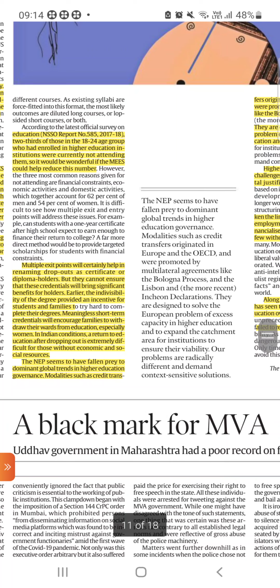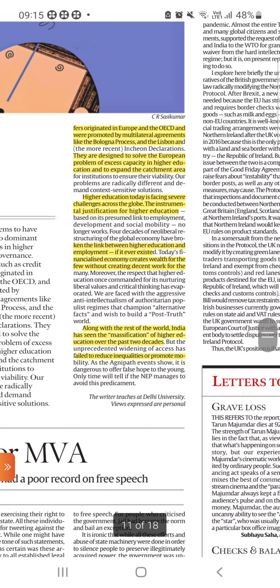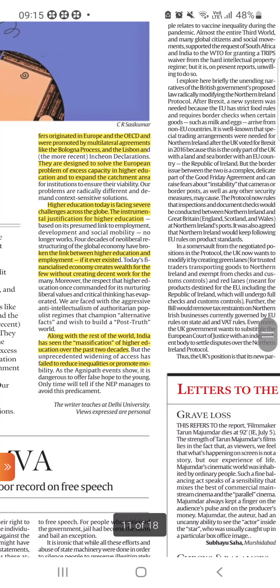The National Education Policy seems to have fallen prey to the dominant global trends in higher education governance. Modalities such as credit transfer originated in Europe and the OECD and are promoted by multilateral agreements like the Bologna and Lisbon processes. They are designed to solve the European problem of excess capacity in higher education and to expand the catchment area for institutions to ensure their viability.